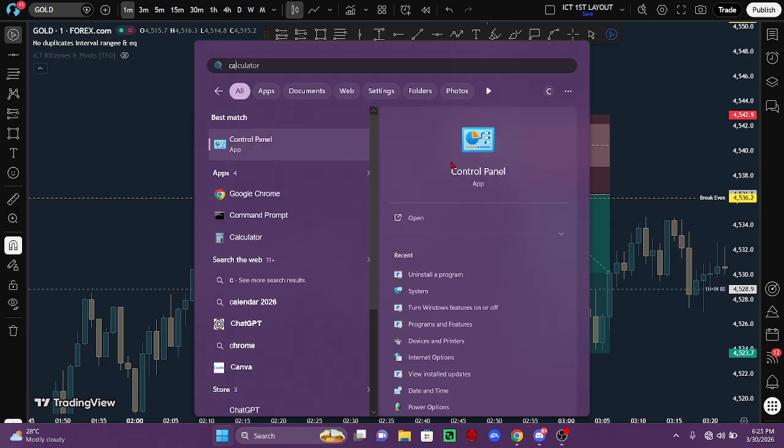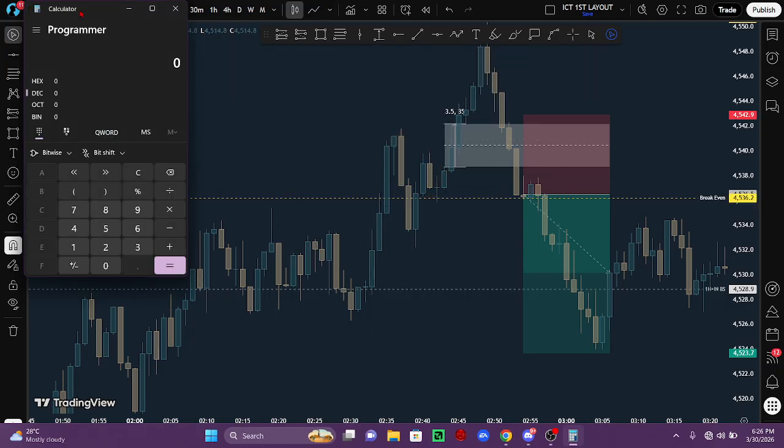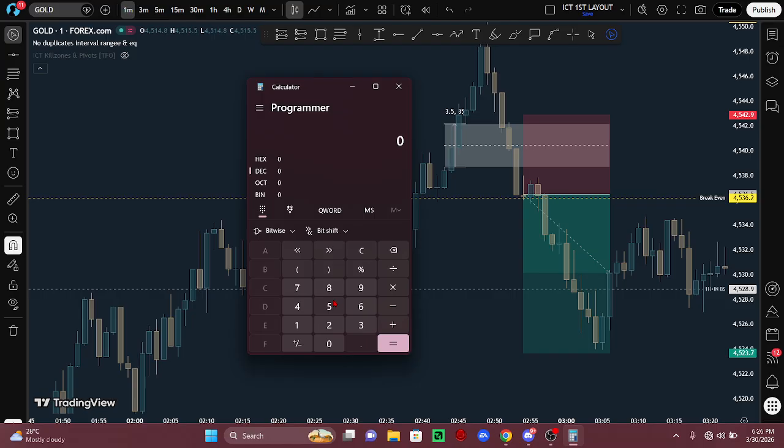So if you do 50% times 0.9, why is this not giving me the right answer?